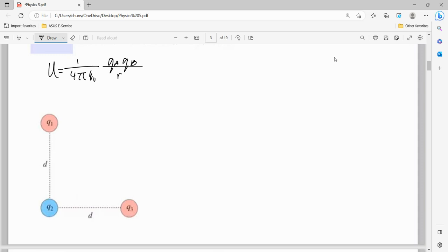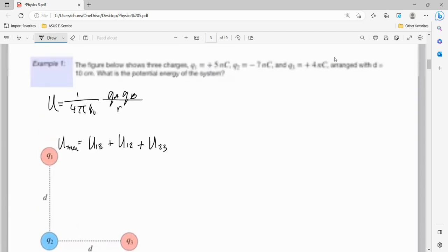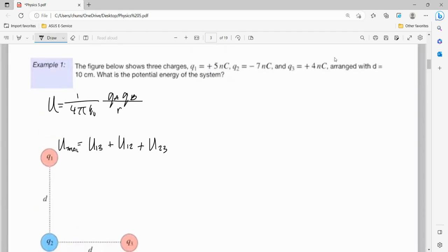So our combinations: we can have 1 and 3, we can have 1 and 2, and we can have 2 and 3. So there are 3 different combinations. If we add these all together, this gives us our total potential energy.